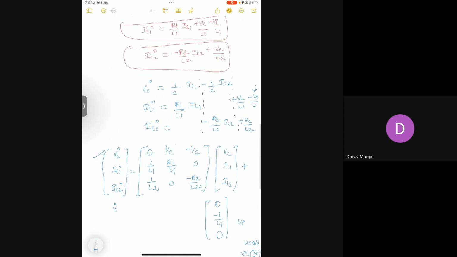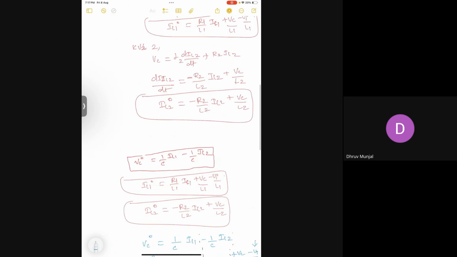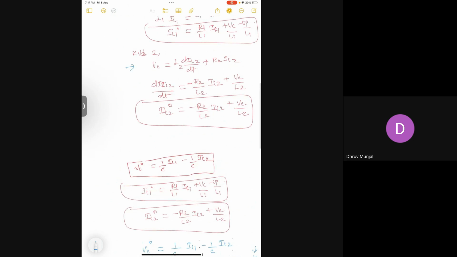Good. Similarly, from this equation, what we used to do in transfer function is use the Laplace transform and convert it in terms of S, writing it as a transfer function with S cube plus S square terms and so on. Now we cut that off at a particular step and convert it into differential equations.